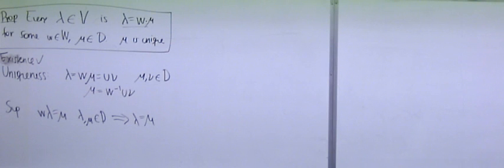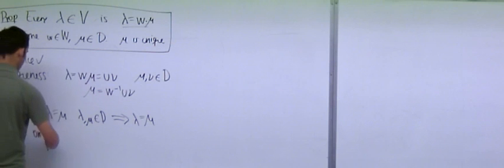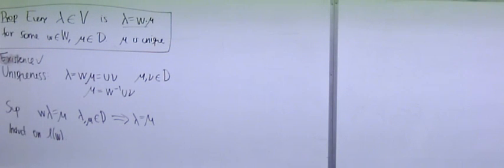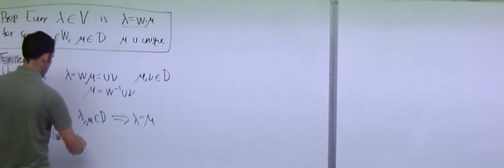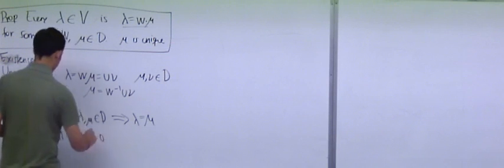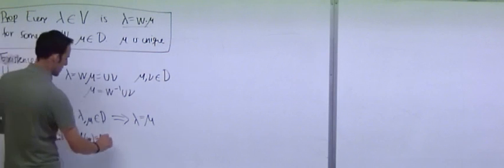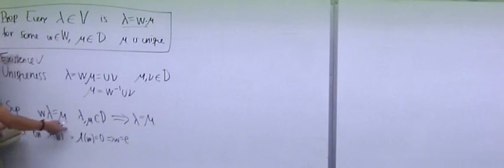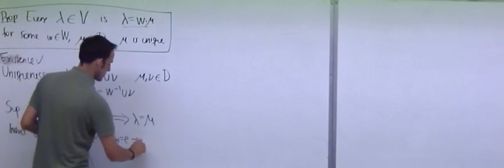And I think you've seen by now that the way that I prove a lot of these things is by inducting on the length. And that's what I'm going to do here. I'm going to induct on the length of W. Now, of course, if the length of W is 0, which is the initial case, then there's nothing to prove, right? Because then W is the identity. And then the identity times lambda is mu, so lambda is equal to mu.